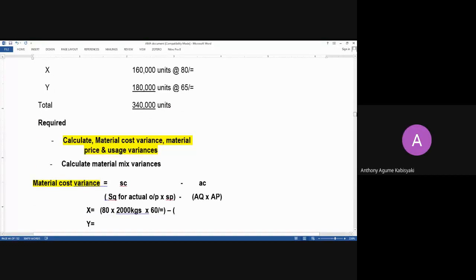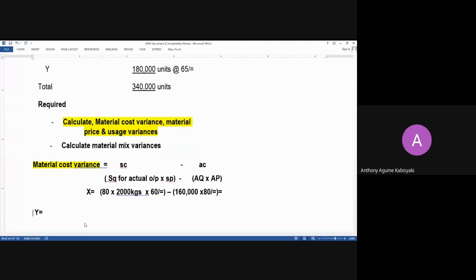The actual quantity is 160,000 units, the actual quantity of raw materials used. Then you multiply by the actual price. So the actual price is what? 80 shillings. Okay. So then you get the variance for X. Then I also do the same for Y.